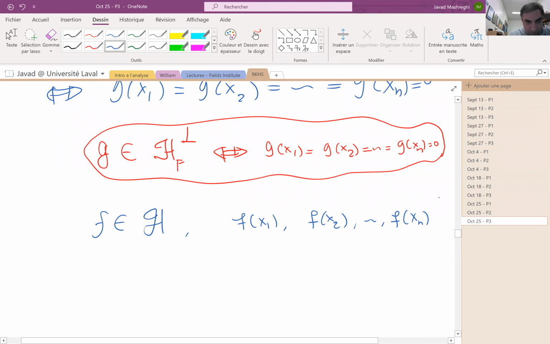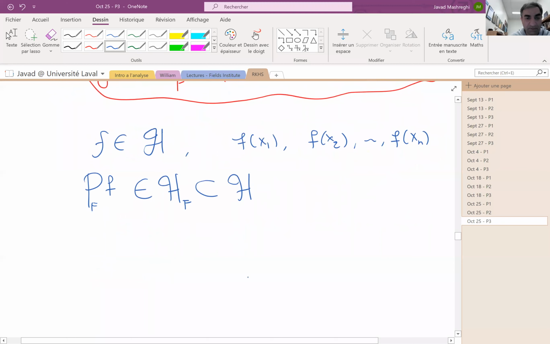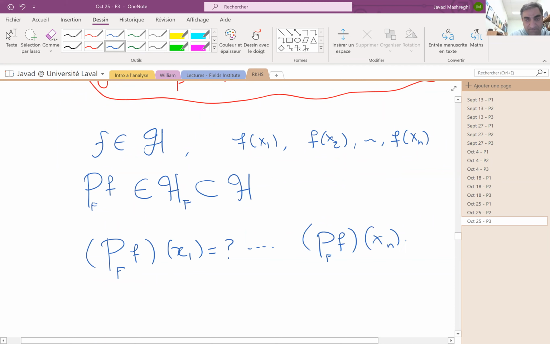And now look at the projection of F. Still in H, but in HF. What can we say about this projection? What is PF at point x1 and PF at point xn? Can we say something about this?